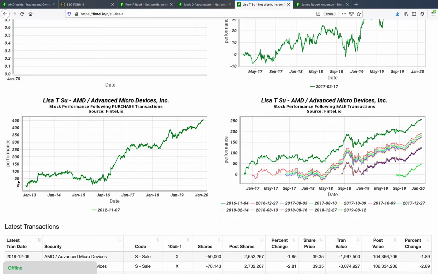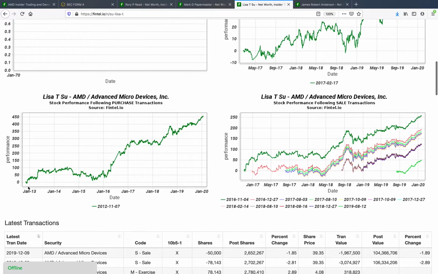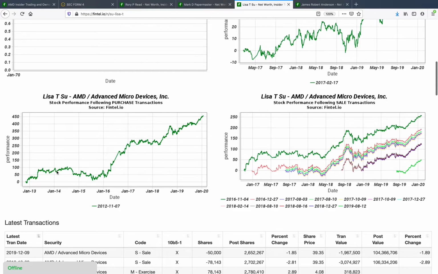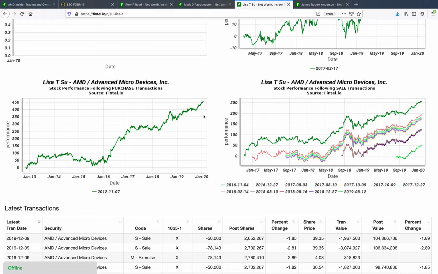One purchase transaction back in 2012 or 2013, I don't know how much this was for, and the share price has climbed 450% since then. What a great trade, huh? Now, if she goes out and makes another purchase, would you be inclined to follow her? Maybe. But one trade is hard to build a pattern around.